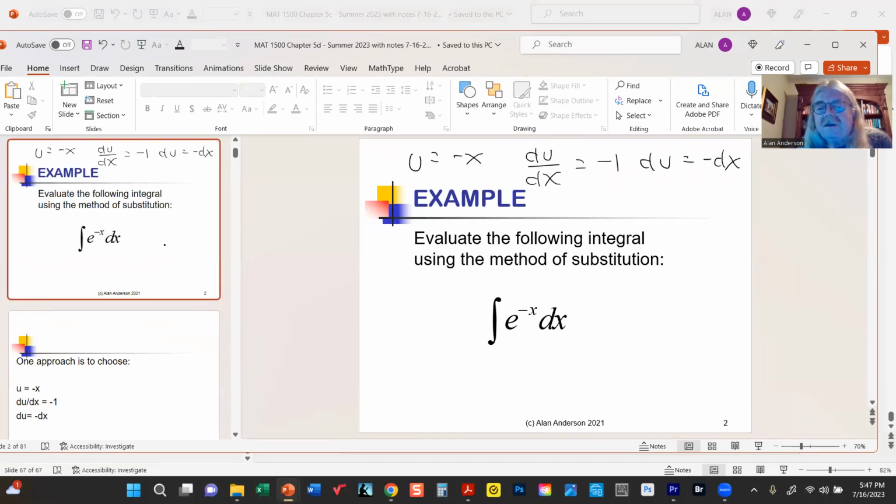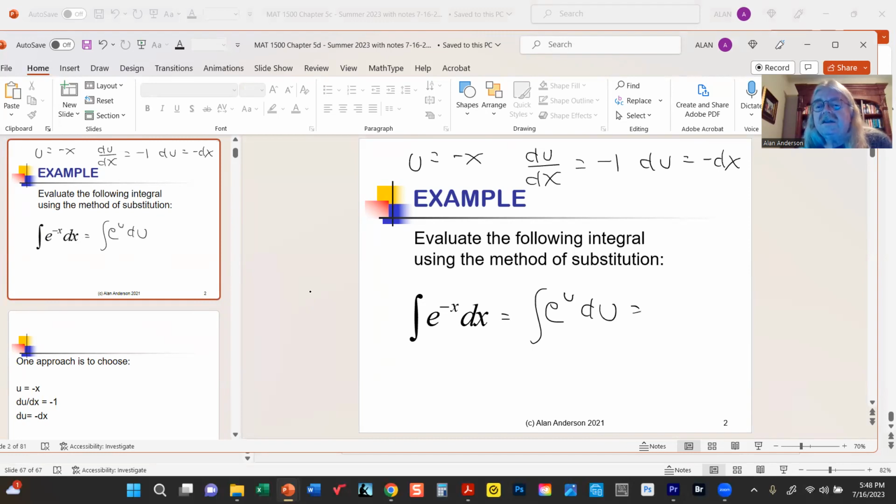What you actually have here, then, is the integral of e to the u du, which we just got through seeing is e to the u plus c. So you just end up with e to the minus x plus c.